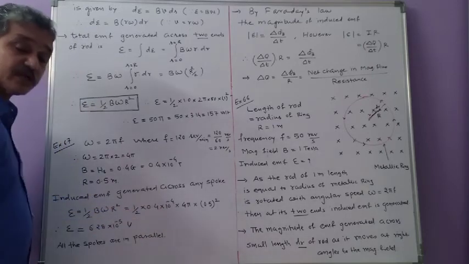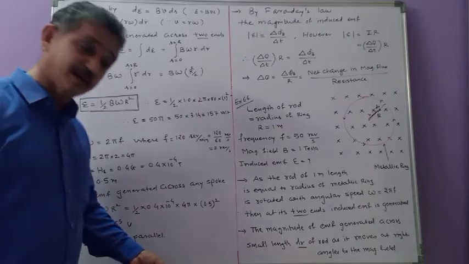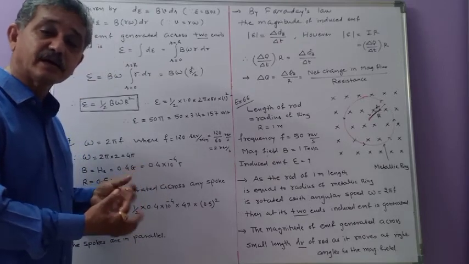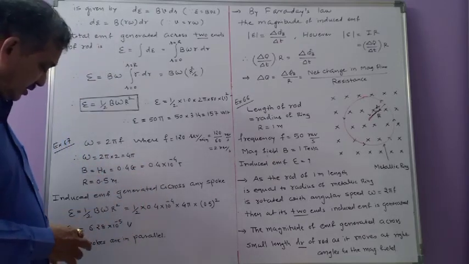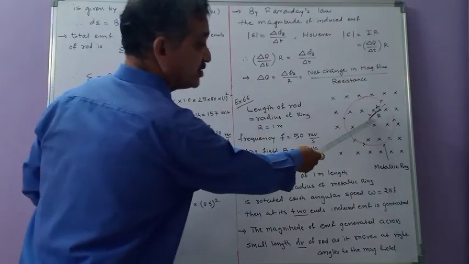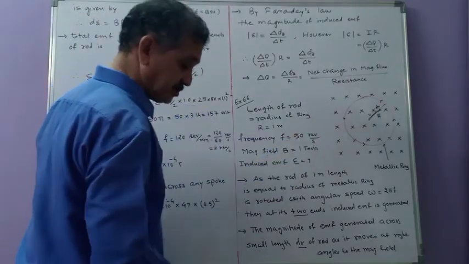And all the spokes are considered in parallel, and for parallel connection, as you know, the voltage across parallel connection remains same. That's why this is the induced EMF between any one end at center and another at circumference of ring.